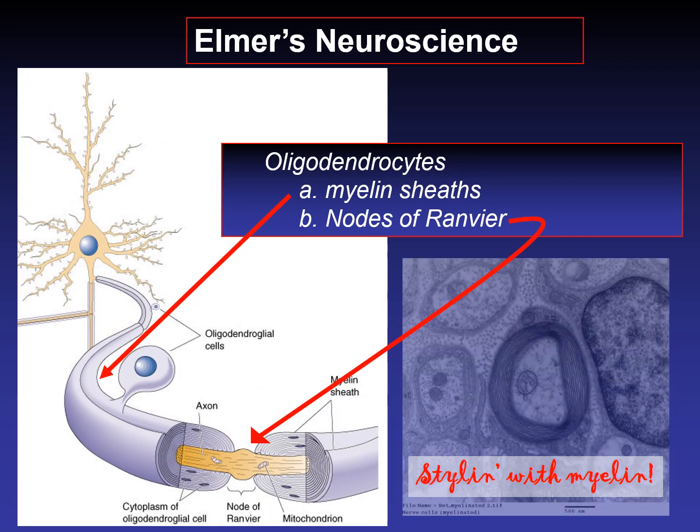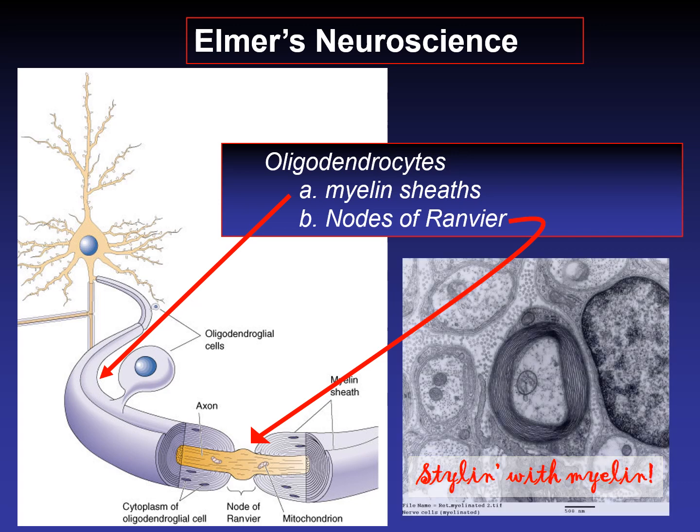As we said, oligodendrocytes generate these myelin sheaths, and the space in between them is nodes of Ranvier. So if we look over here on the left, we see the cell body of a neuron. We can see the dendrites out here, and then we have an axon extending out from the cell body.